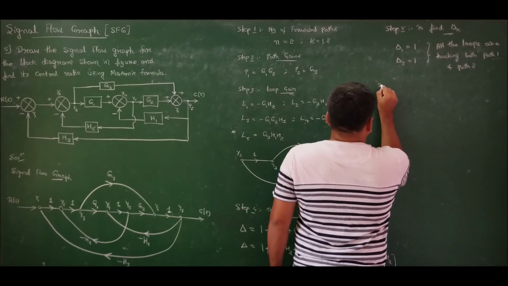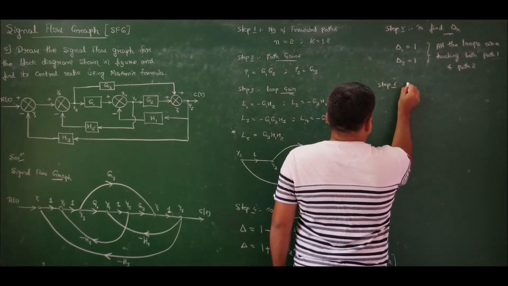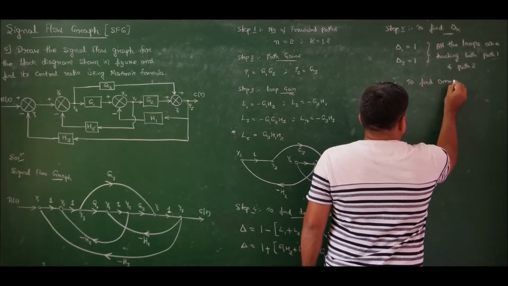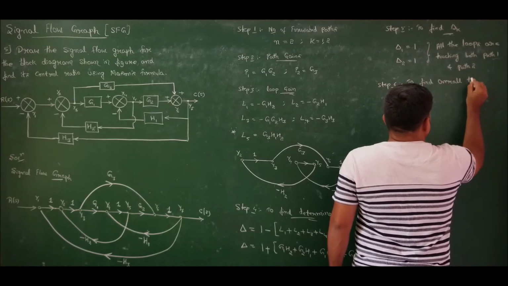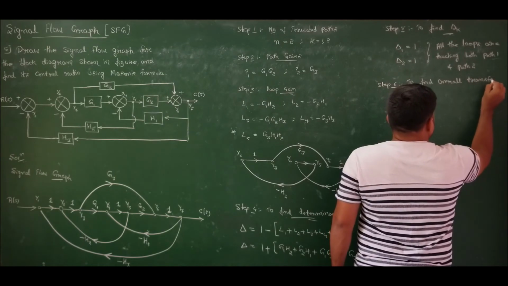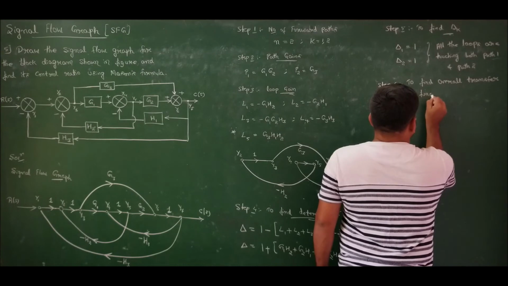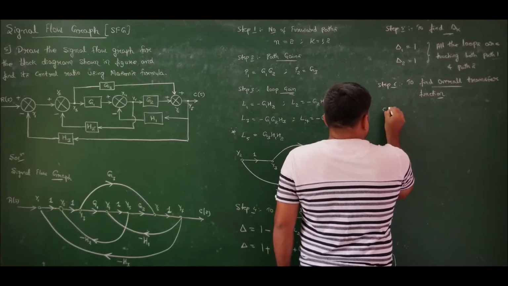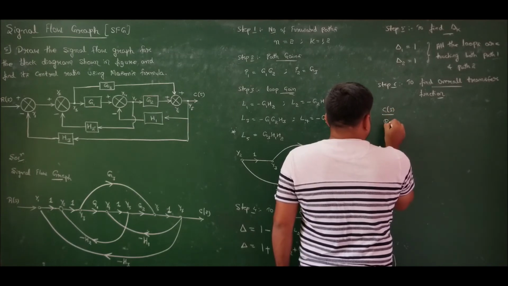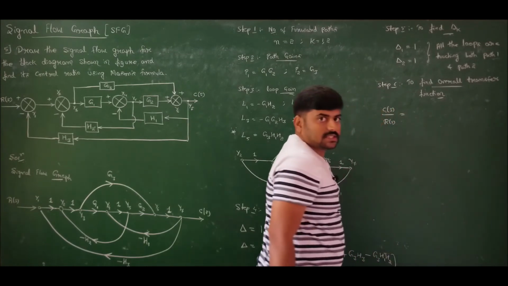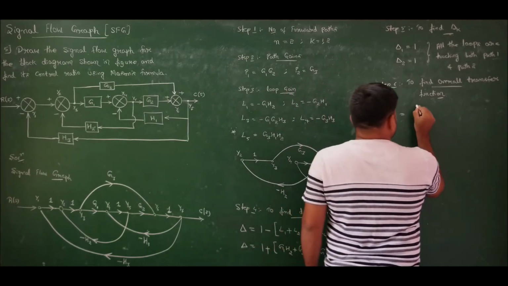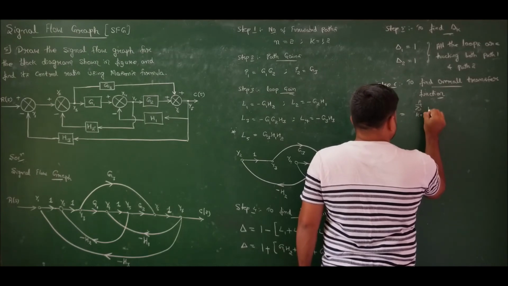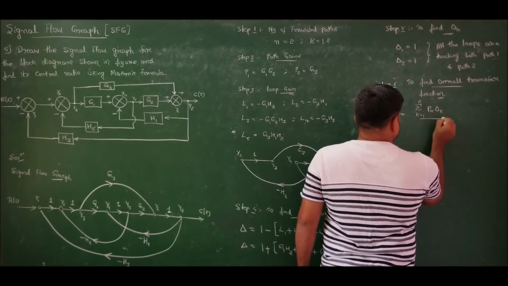Finally, moving to the solution, that is step 6, to find the overall transfer function. We know that the overall transfer function from Mason's gain formula is given by C of S by R of S equal to the summation of k varying from 1 to 2 for this problem, Pk delta k divided by delta.